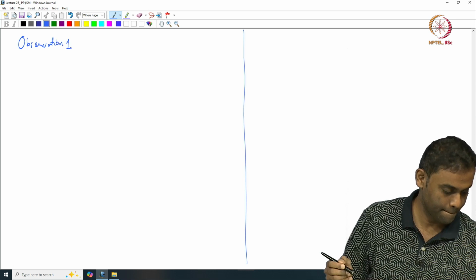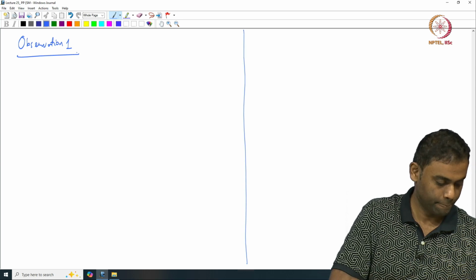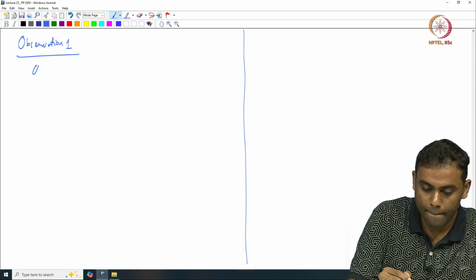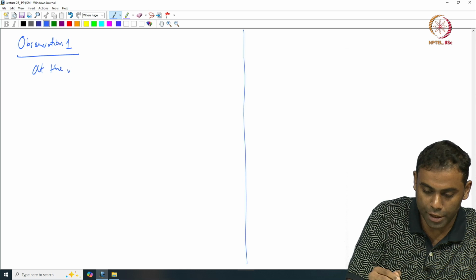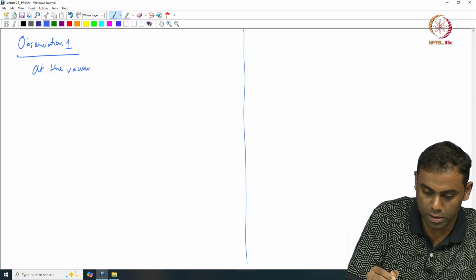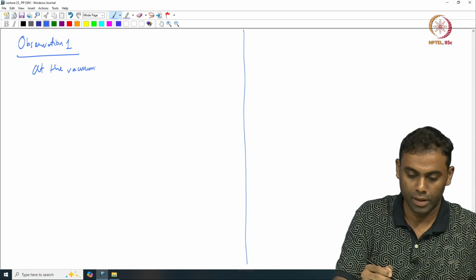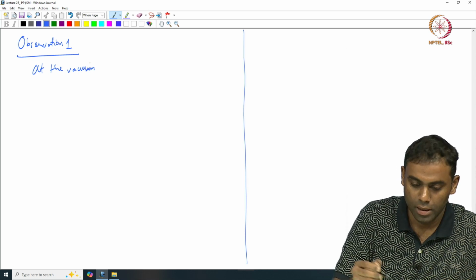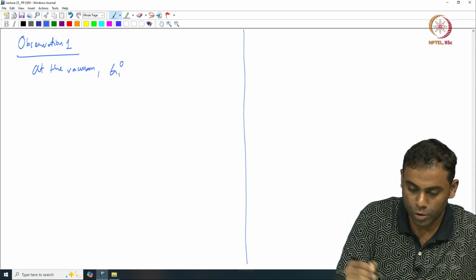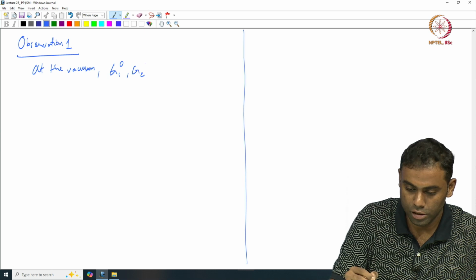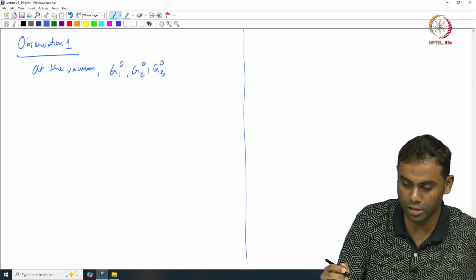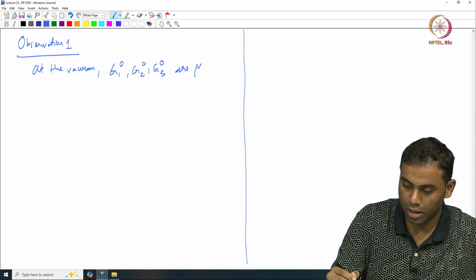Observation 1: at the vacuum, that is once the potential has relaxed to its minimum, okay, I am going to show that G1, G2 and G3 0, the 0 stands for electric charge, are massless.